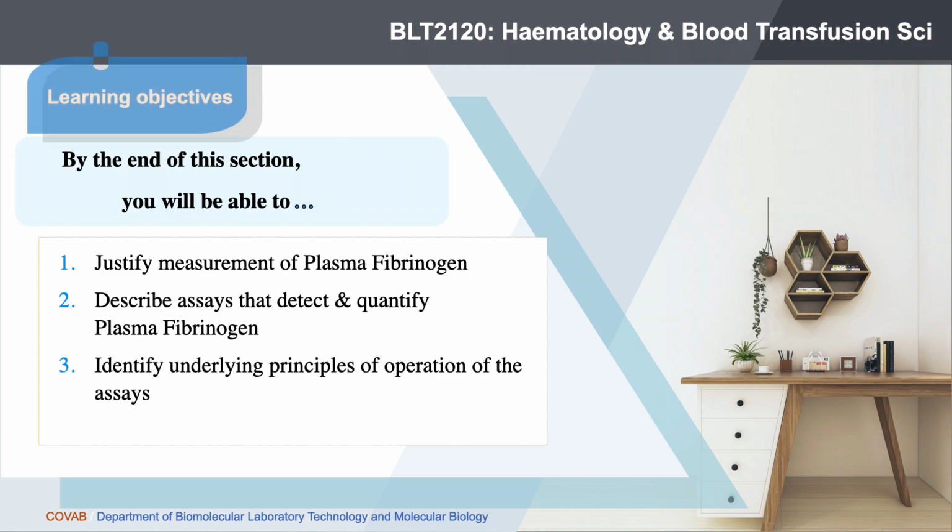By the end of this section, you'll be able to, number 1, justify measurement of plasma fibrinogen. Number 2, describe assays that detect and quantify plasma fibrinogen. Number 3, identify the underlying principles of operation for the assays.